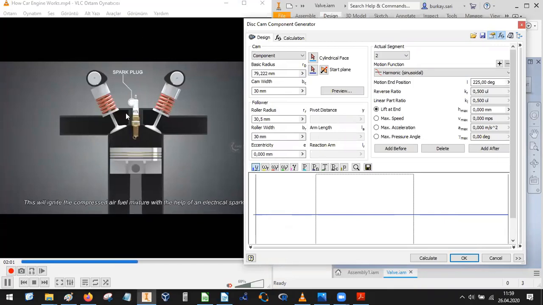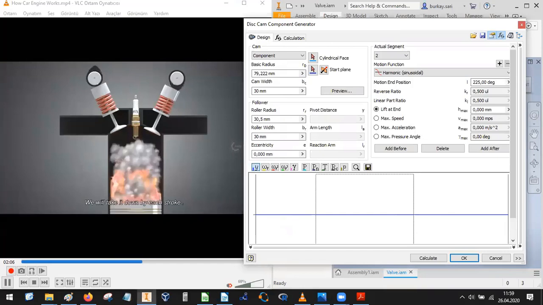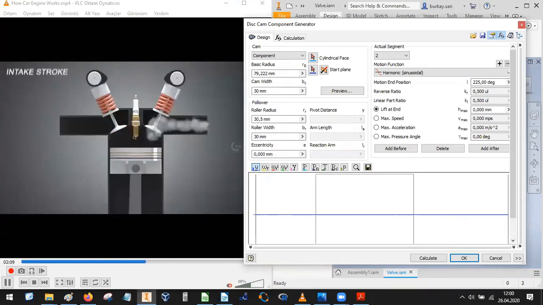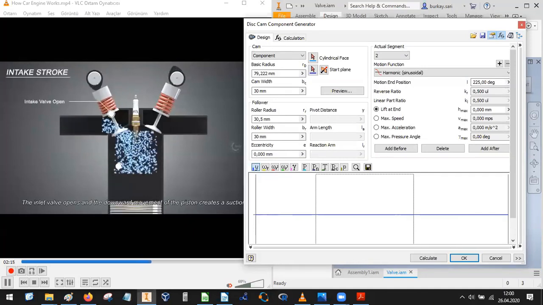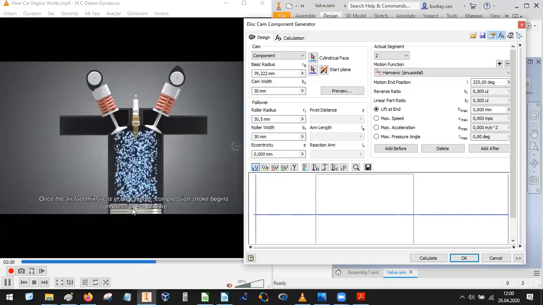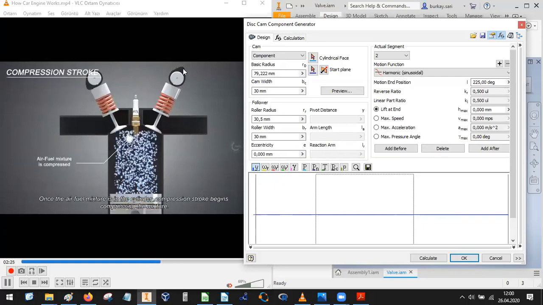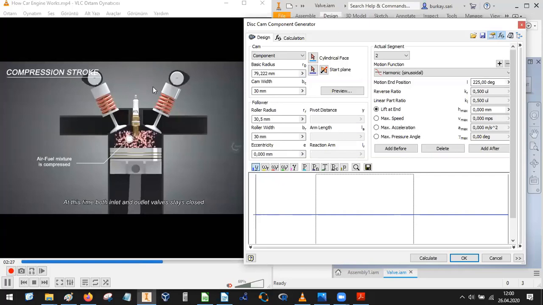One is the inlet valve, the other is the exhaust valve. As you see, intake stroke, and this is the exhaust stroke. After the point where the cylinder goes up to this point, it will be open because it will take time to have the exhaust gases taken out from the engine block.